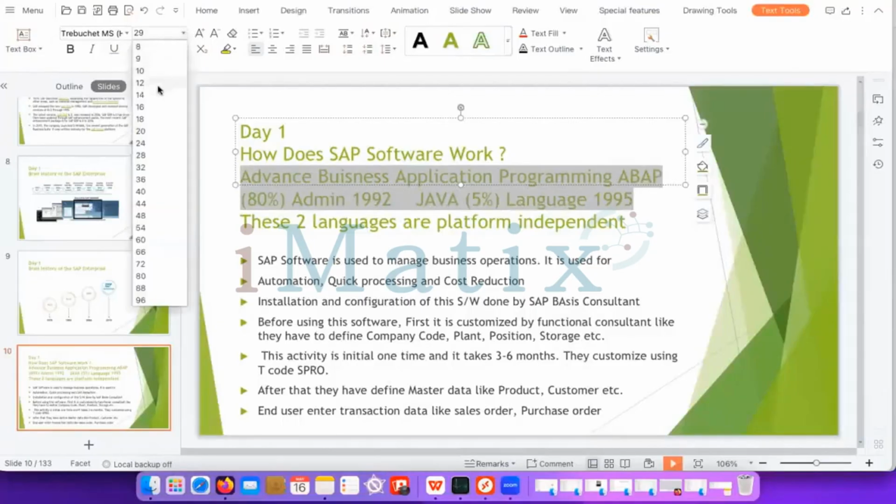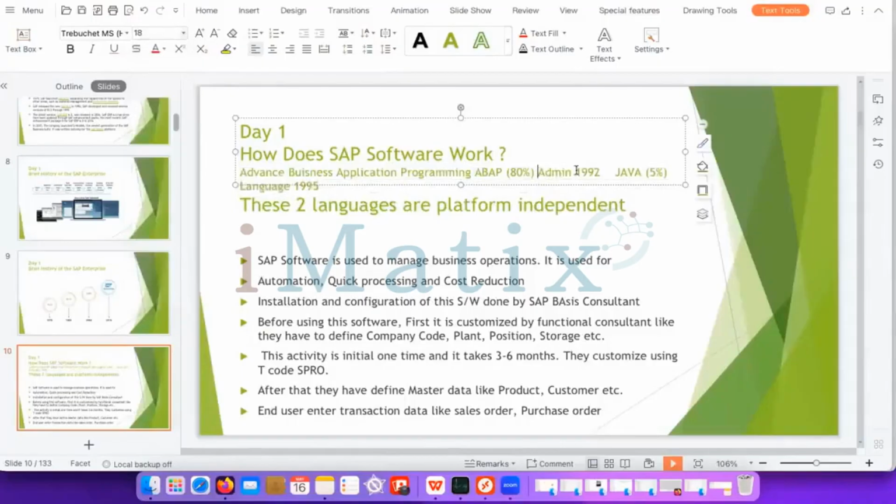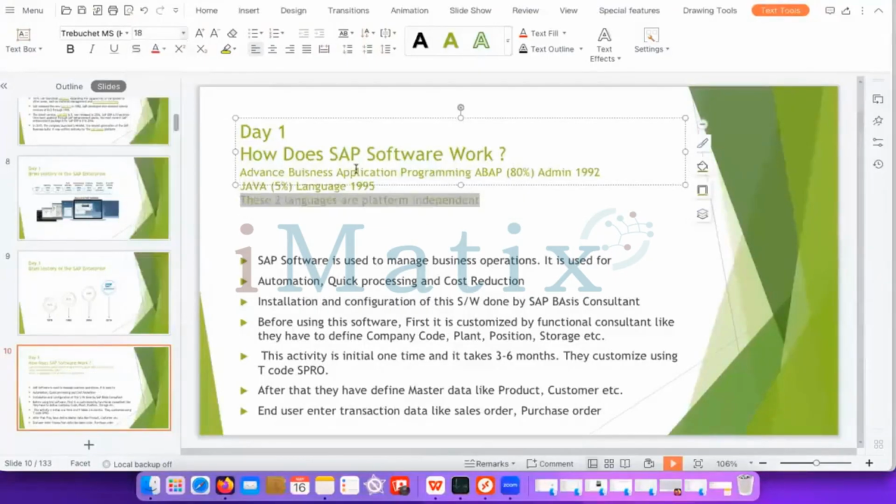I will share these slides with you also. We have ABAP and we have the Java language, and these two languages are platform independent. But apart from these, others are also there.